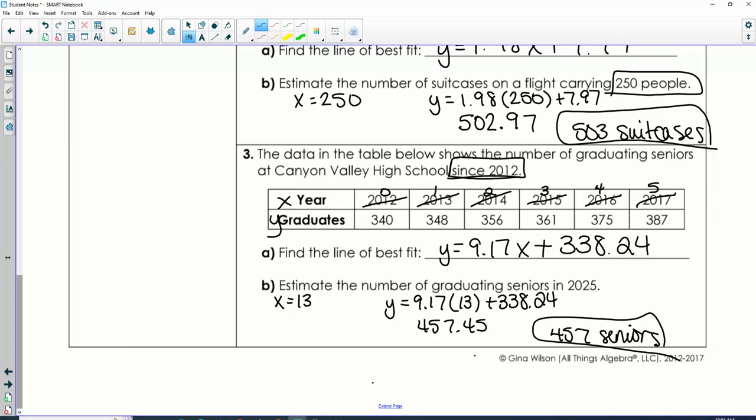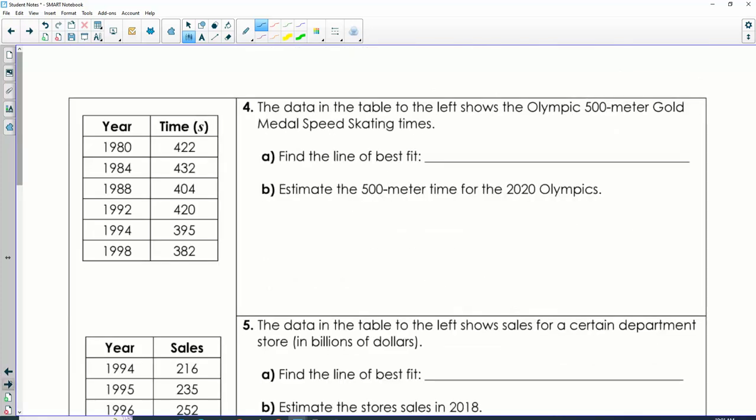Let's try another one with those years. Okay. So this tells us the data in the table shows the Olympic 500 meter gold medal speed skating times. So if I look at my X's, they are all years.